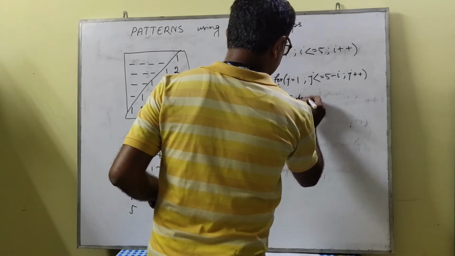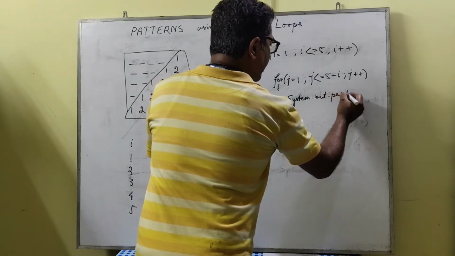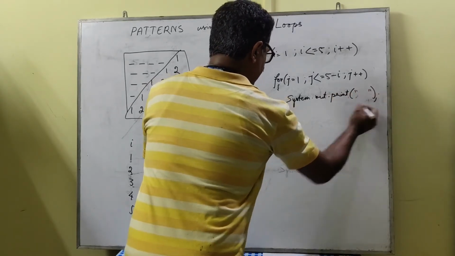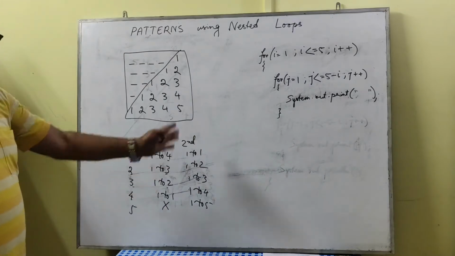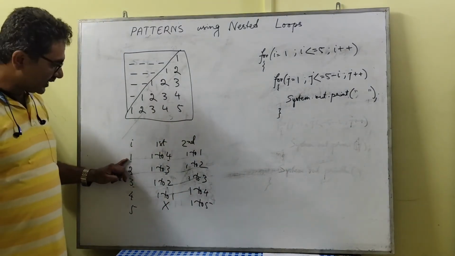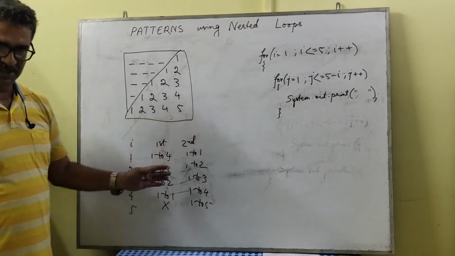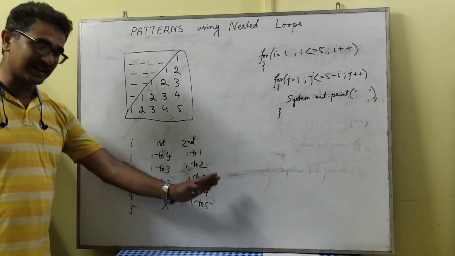Now this one, please keep a note of it. System.out.print. We are going to print a blank space. Now we are going to think about the second half. When the value of i is 1, it starts from 1, ends at 1. When i is 2, 1 to 2. When i is 3, 1 to 3. This is quite simple. It starts from 1 but ends at i.